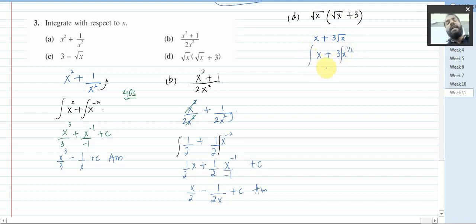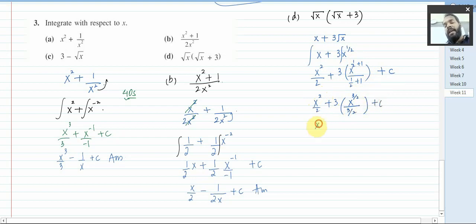The integral of x will be x square divided by 2, plus 3 times the integral of x power 1 upon 2, which is x power 1 upon 2 plus 1, divided by 1 upon 2 plus 1, and plus c. So it will be x square upon 2 plus 3, x to the power 3 divided by 2, divided by 3 divided by 2, plus c.